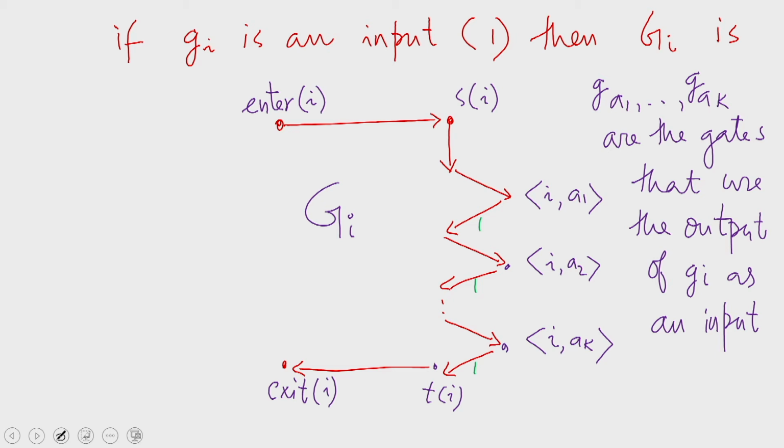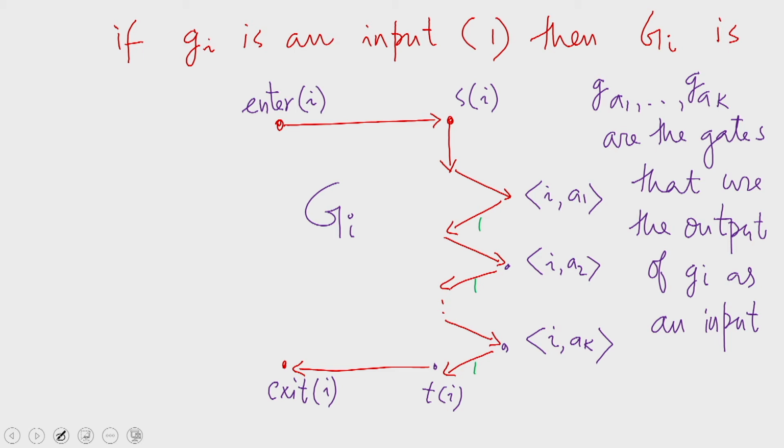At I of A1, the DFS will naturally take the edge which is labeled 1, so it climbs down, and then again there is only one way to go, which is to I of A2. From there again it will take the edge which is labeled 1, and so on. It takes the stairs downwards until it reaches T of I. There is no other way for the DFS to explore. The DFS must necessarily travel through this, because all these edges have labels 1.